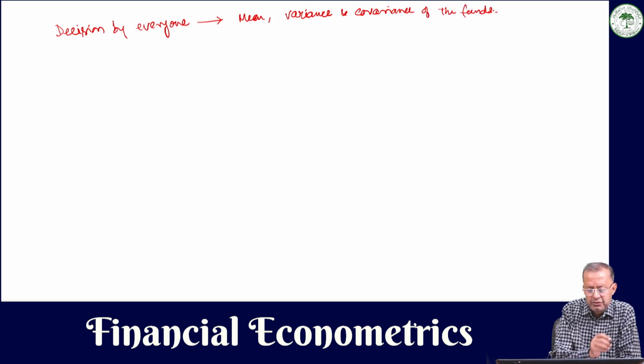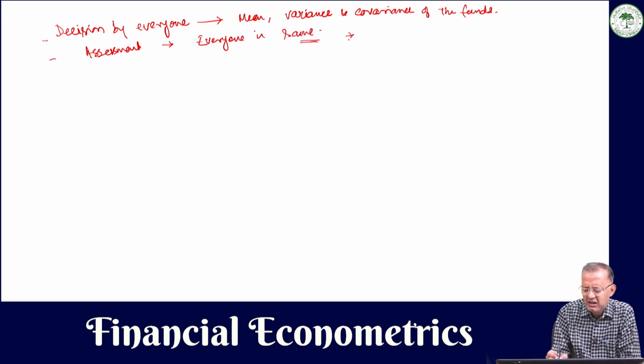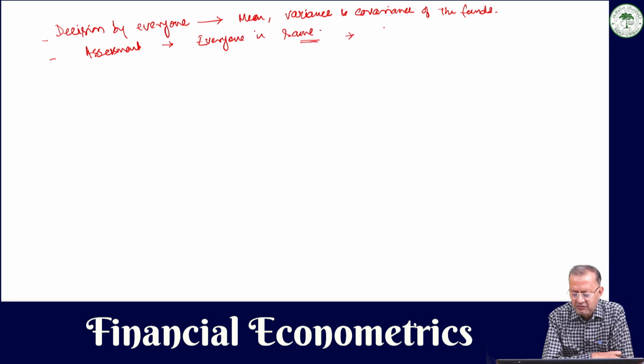Number two, the second assumption is that the assessment about the fund by everyone is the same, in a similar fashion. This assumption is very difficult to digest: okay, the decision is being taken by mean, variance and covariance, it's all right, but everyone will be thinking in the same way, the assessment by each and everyone will be the same. This is very difficult to digest.